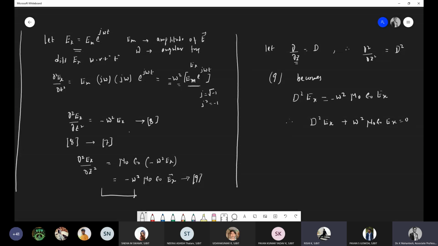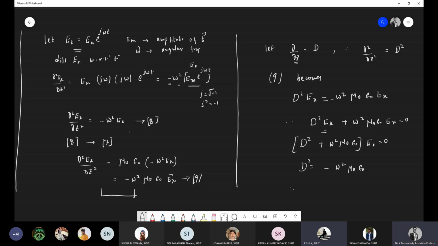Therefore, this is an auxiliary equation: D square plus omega square mu naught epsilon naught times Ex is equal to 0. Therefore, D square is equal to minus omega square mu naught epsilon naught.